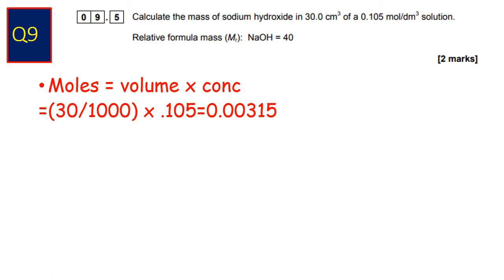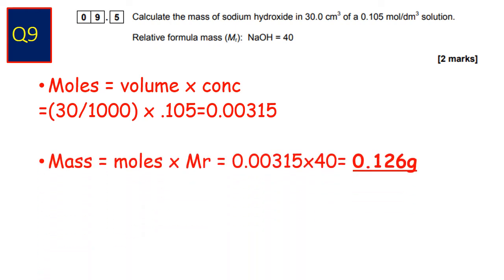So, 30 divided by 1,000, making sure my units of volume are in decimetre cubed, times by 0.105, gives me moles of sodium hydroxide of 0.00315. I have the moles, I can now use that to work out the mass, because mass equals moles times Mr. So 0.00315 times 40 gives me an answer of 0.126 grams.